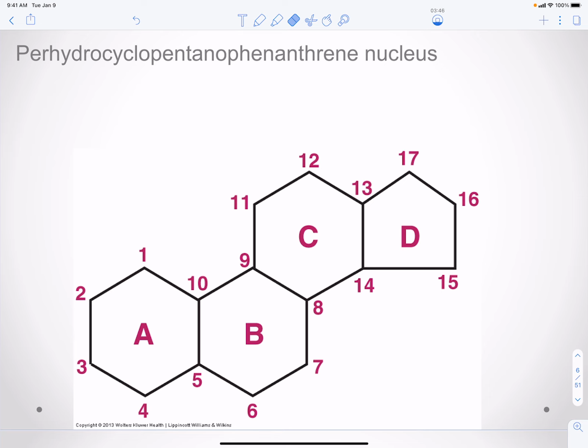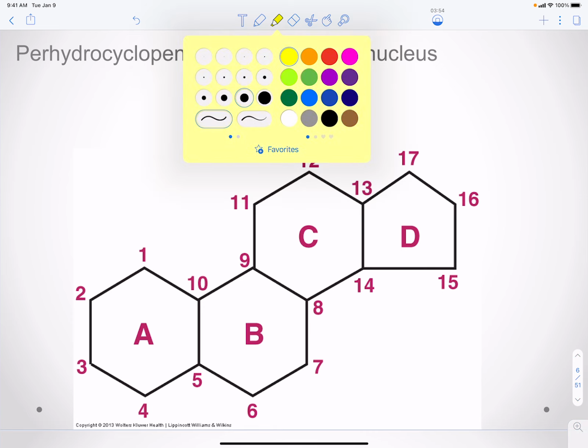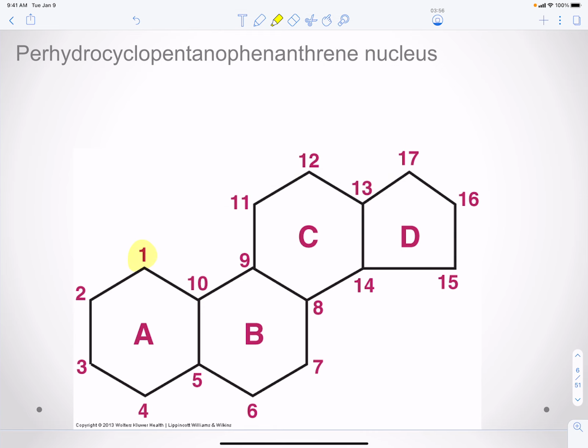So this is basically the nuclear core of cholesterol. And you can see the numbering system. You have the number 1 carbon on the A, and then it's going to go around to the number 5. And then the B will finish up at 10, and then the C will go through 14, and then 15, 16, 17, then you close the loop at D.